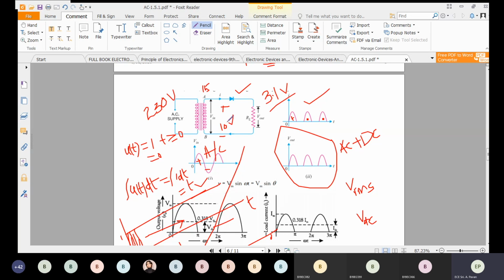So out of 10 volts, I'm getting only 3.1 volts. Only 30% of the input is converted into DC. Remaining all is waste, right? The remaining 70% is useless for us. So efficiency is very, very low.